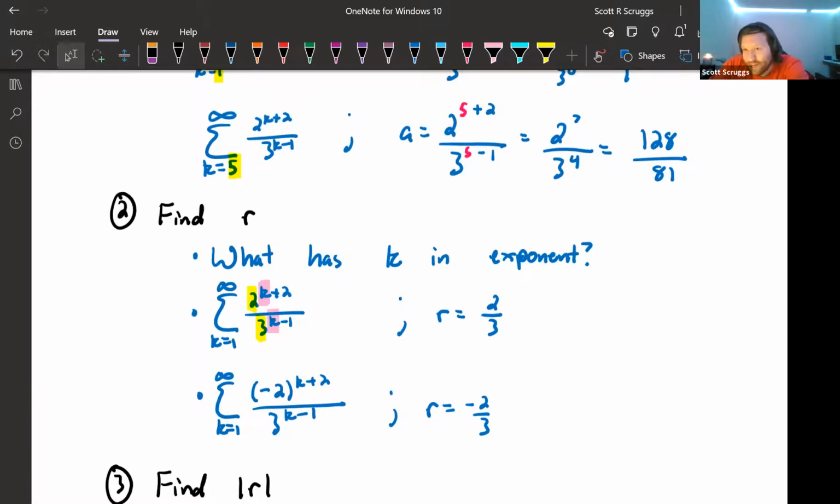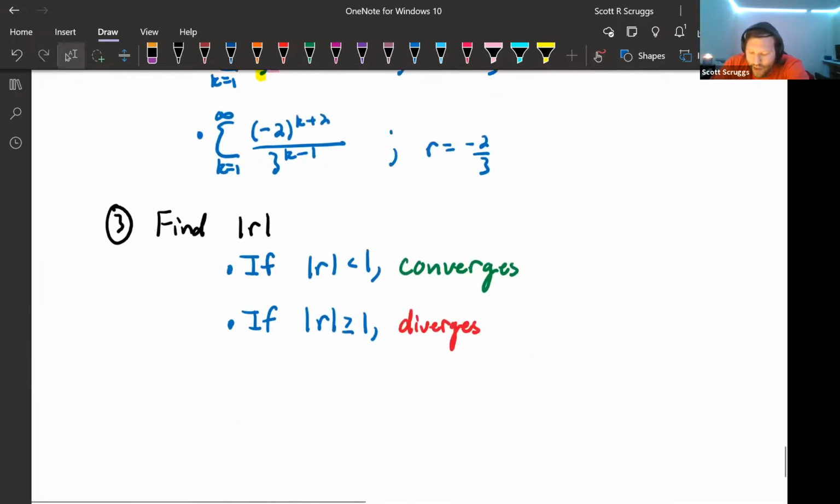If it has a k in the exponent, that's going to be a part of the common ratio. Next thing, take the absolute value for R. Note if it is strictly less than 1 or greater or equal to 1. Because that will tell me whether or not the series converges or diverges.